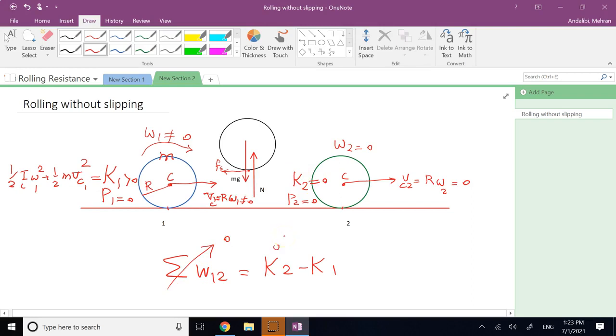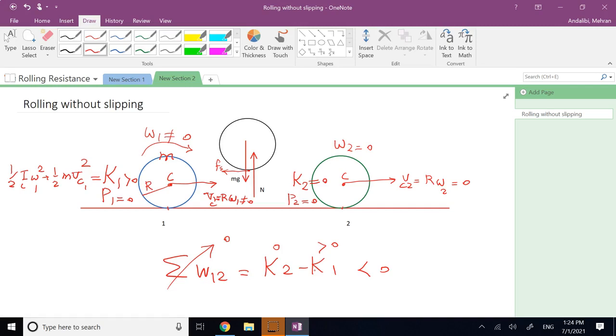While K2 is 0, K1 is bigger than 0, so the right-hand side is going to be negative, which means you lost kinetic energy. But the left-hand side is 0, and this cannot be, right? That 0 is equal to some negative number. So you see, it looks like your principle of work energy is violated here. And we say, well, it doesn't work, right?